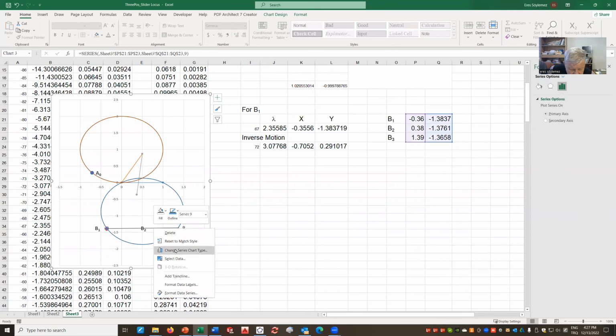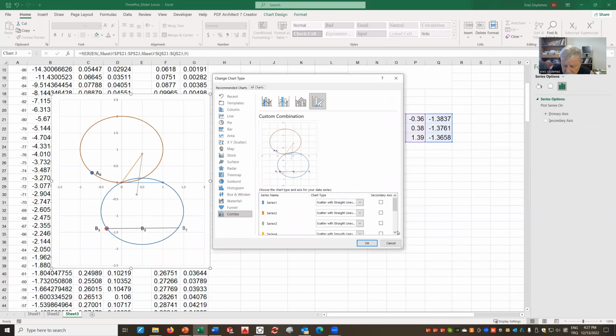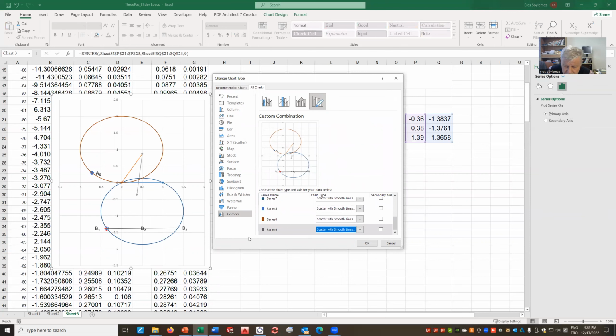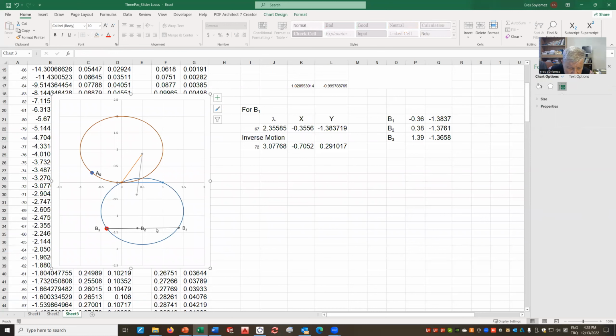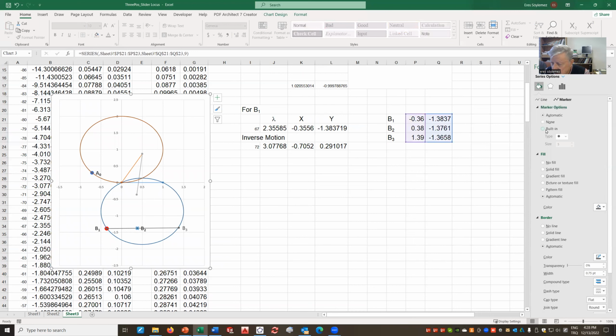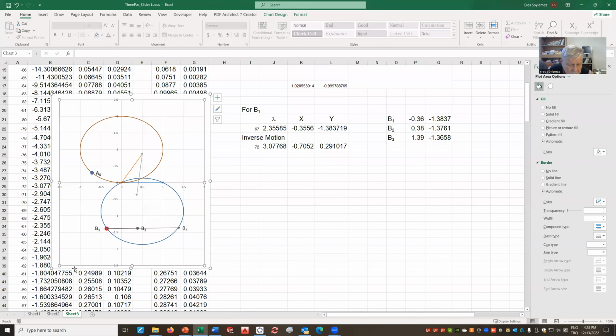Another thing I will do is change this chart type so that you will see the markers. Okay, like this.